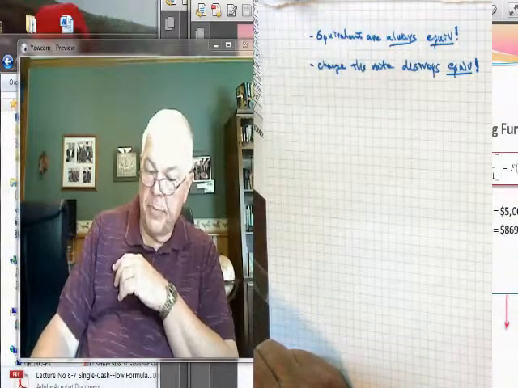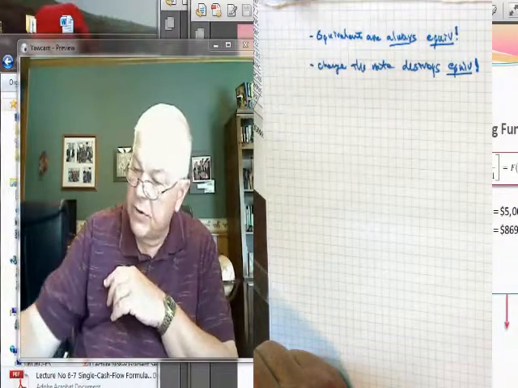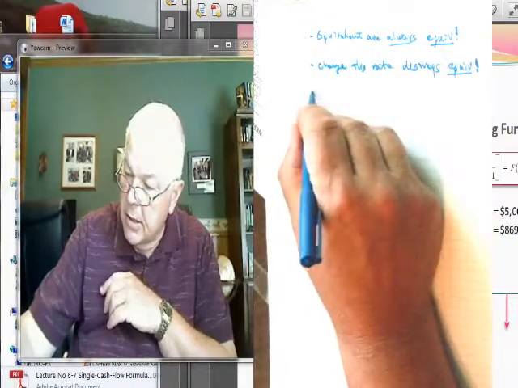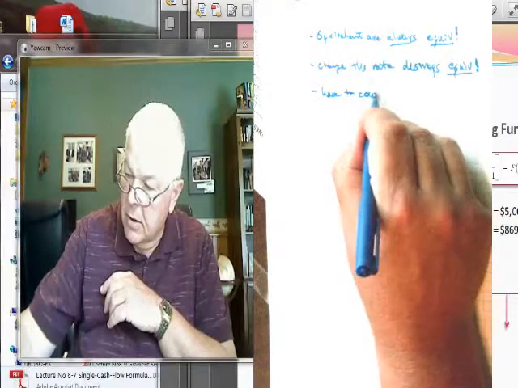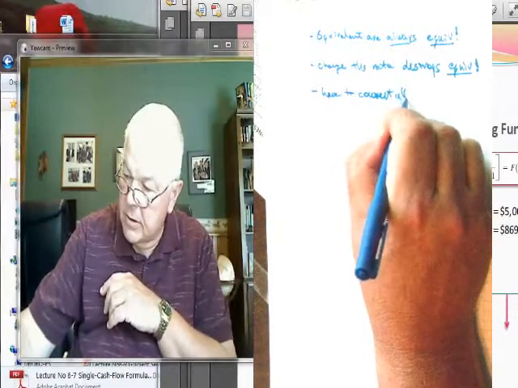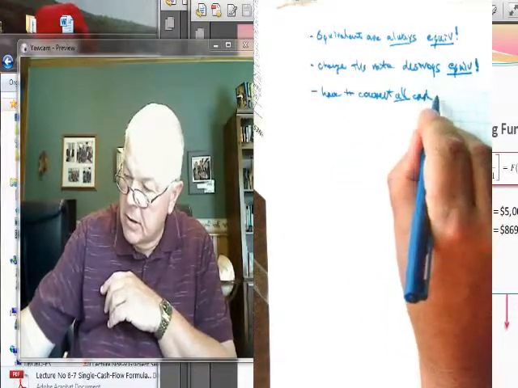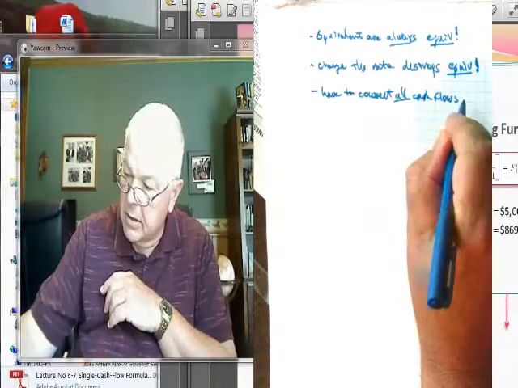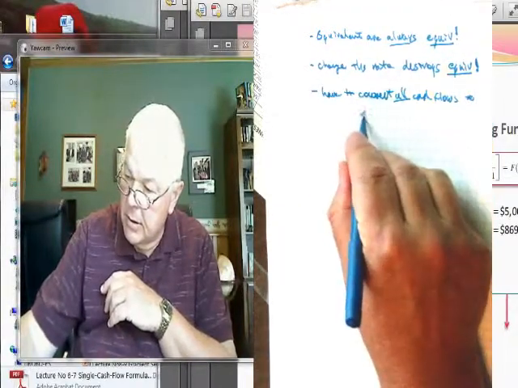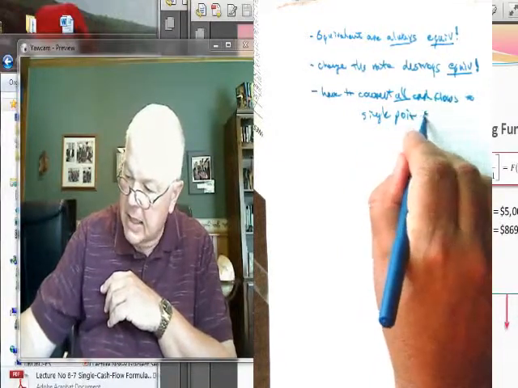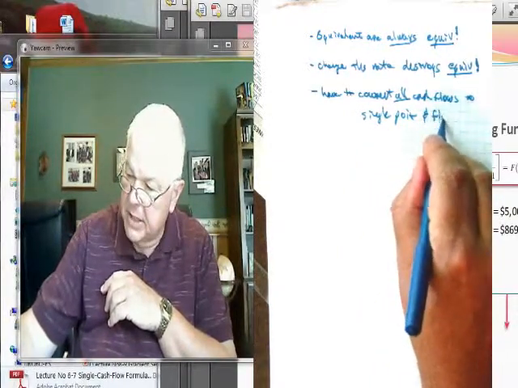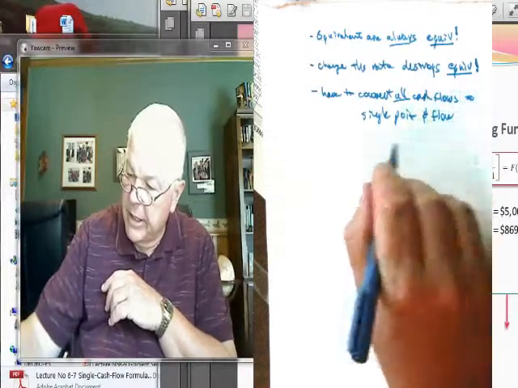Another one is that you have to convert all cash flows to a single point in time. This kind of seems obvious, but it's amazing how often people will forget it.